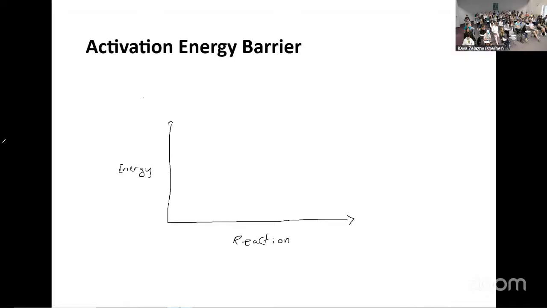So what we're going to be doing fundamentally in our reaction is we have our reactants that have some certain amount of energy, and they're going to turn into products, right? In this case, I'm going to draw an energetically favorable reaction, so one that might happen spontaneously. So here we see our product with less energy.